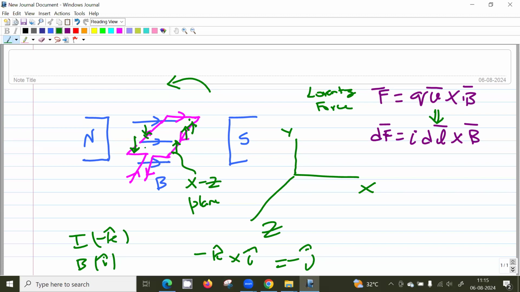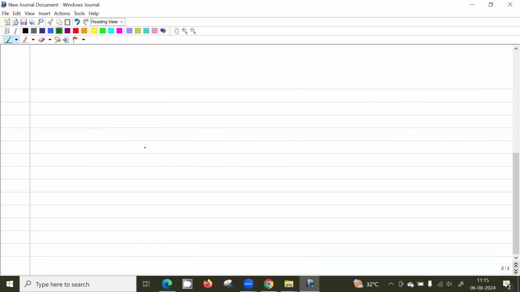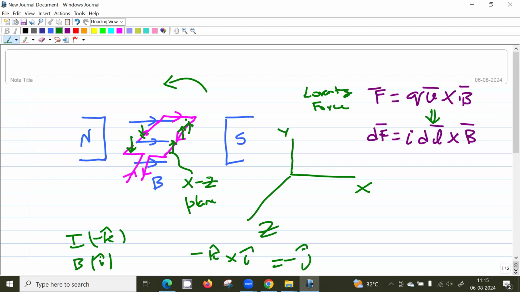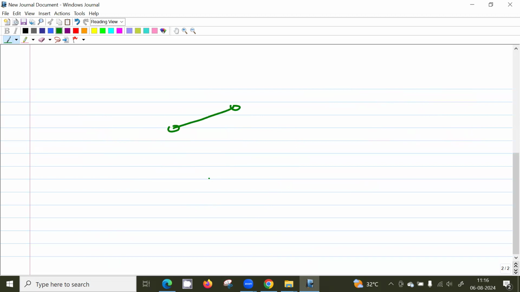Once the coil starts rotating, it looks like this from the side view. These are the two currents. The current is flowing towards the right, and flowing like this.